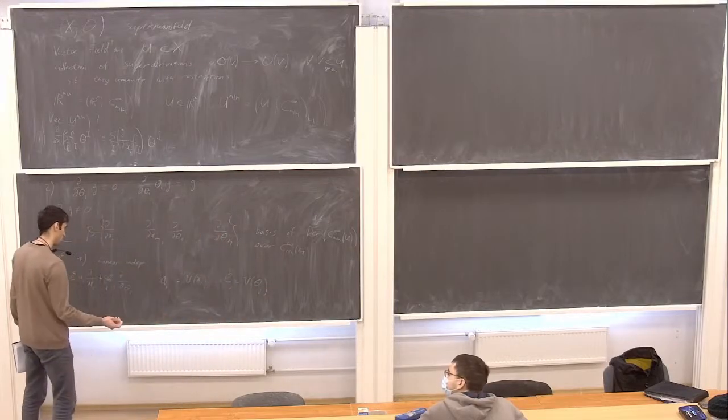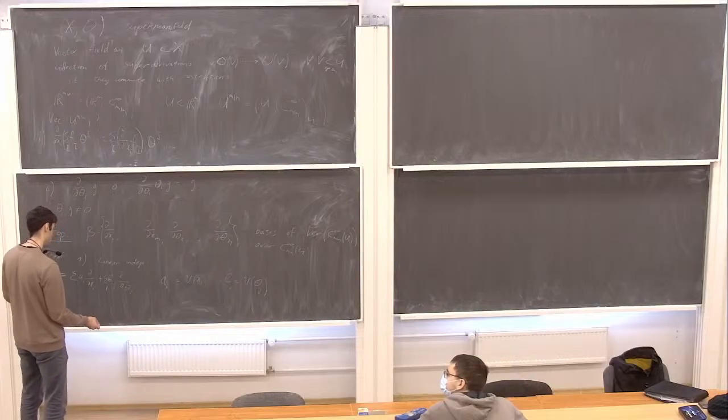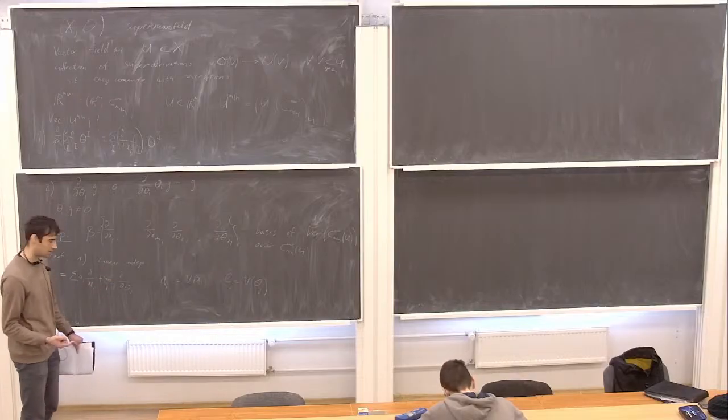And so therefore, if v is 0, then a_i and b_j are 0.